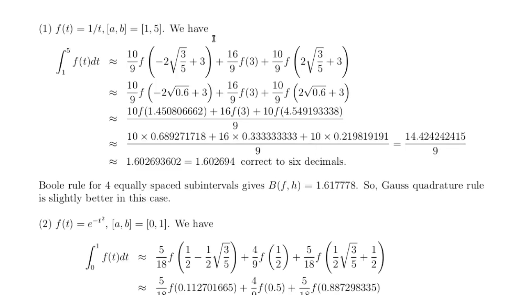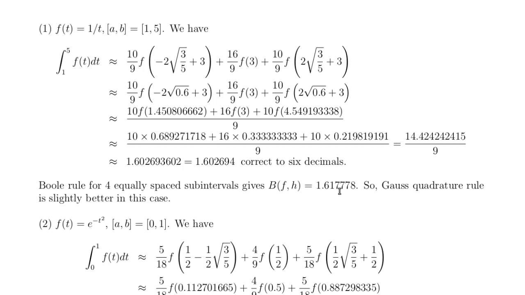Okay, now if we compare this result with the result for Boole's rule for 4 equally spaced subintervals, 1, 2, 3, 4 subintervals, it means that there are 5 points in the interval. So we have 5 evaluations of the function for this rule.